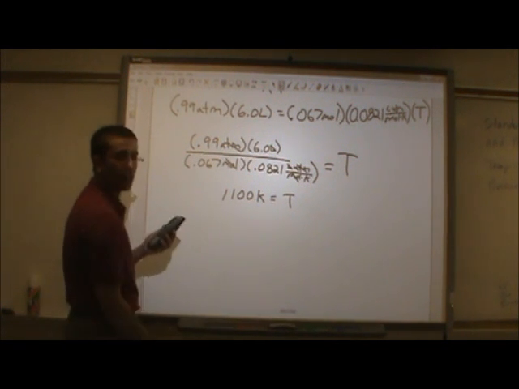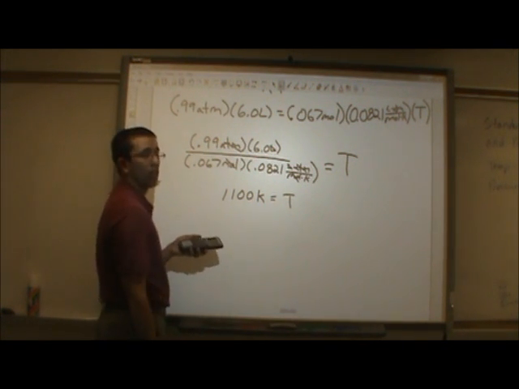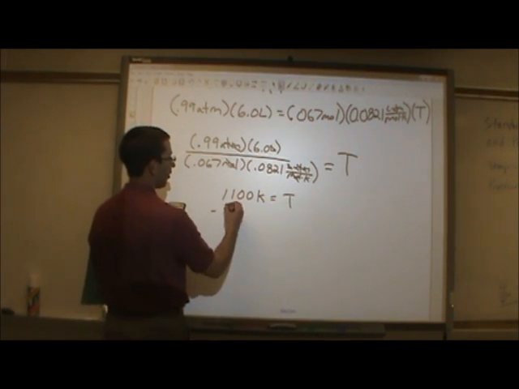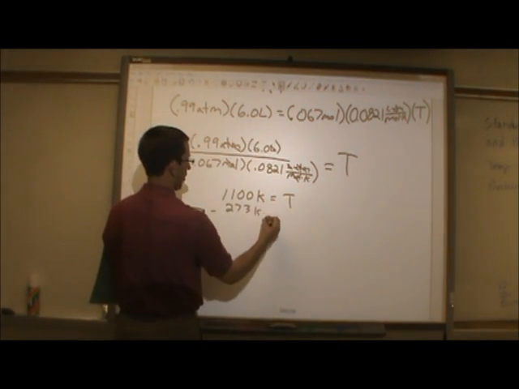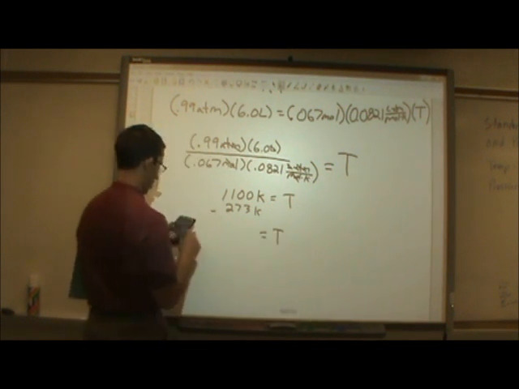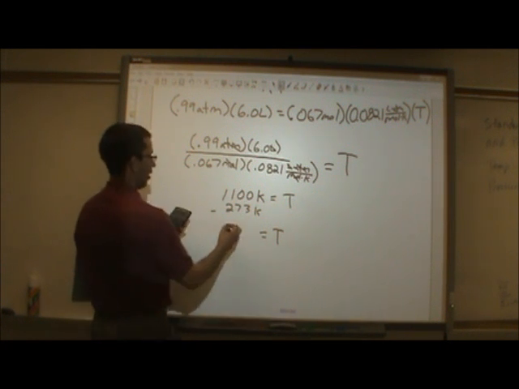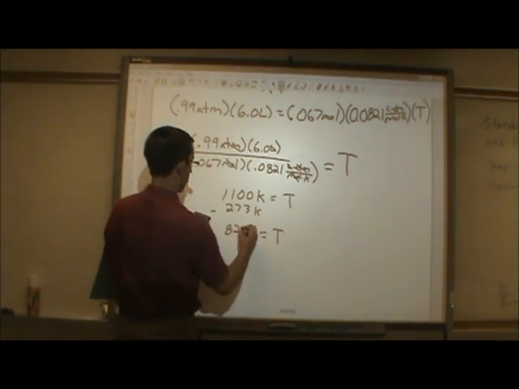What's the temperature in Celsius? Right now it's in Kelvin, so how do you go to Celsius? You're going to take it the opposite way. Instead of adding 273, we'll subtract 273. So 1100 minus 273. The calculator tells you it's 827.